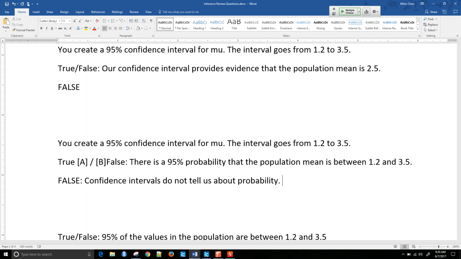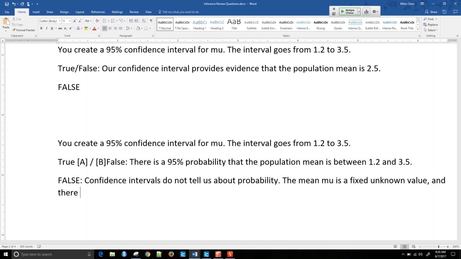Because there's no probability associated with the mean mu. The mean mu is a fixed unknown value, and there is no uncertainty about it, okay? So no probability associated with the mean mu.